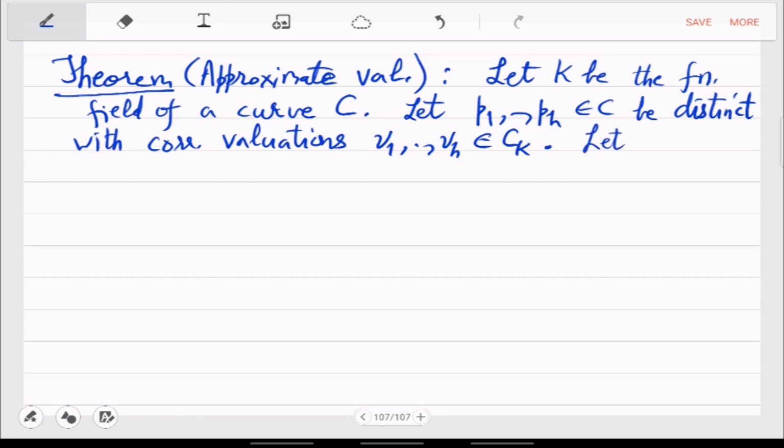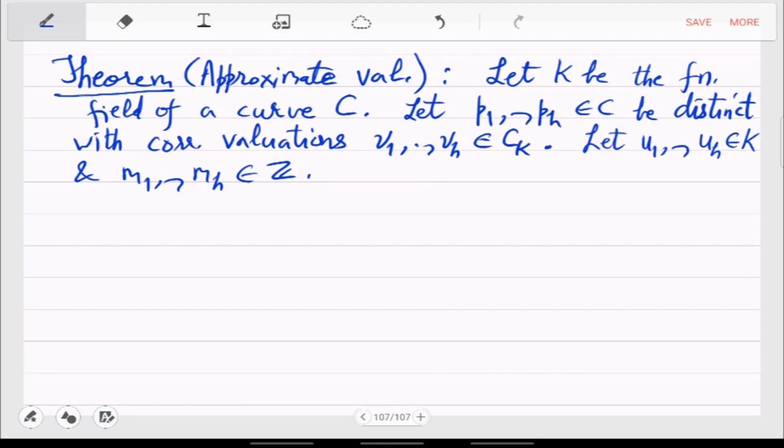And let u1 to uh be some functions given to you, and m1 to mh some numbers given to you. That's the hypothesis, the premise of the theorem.